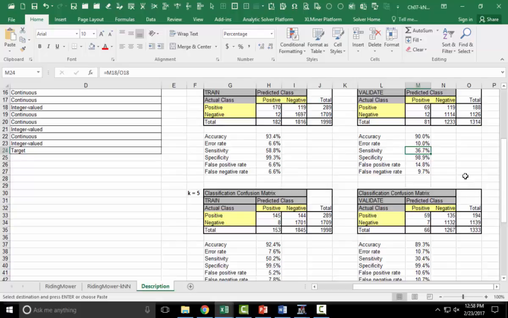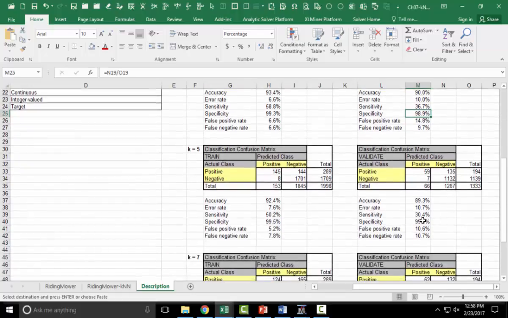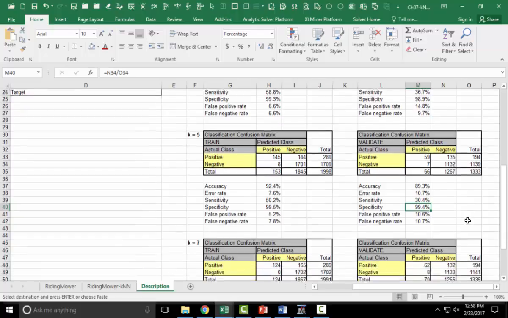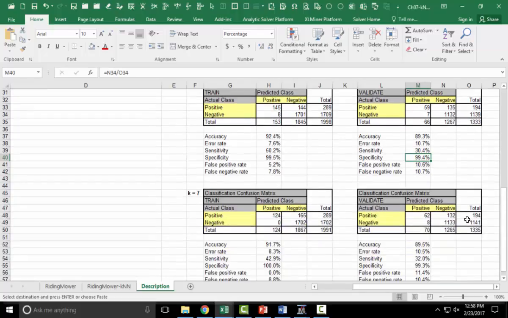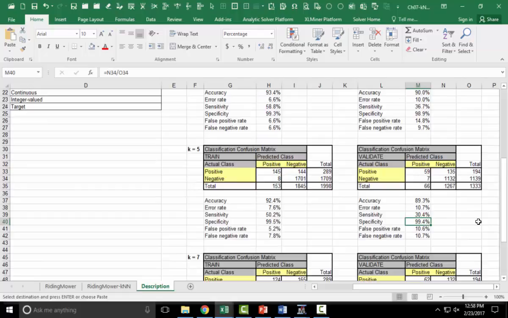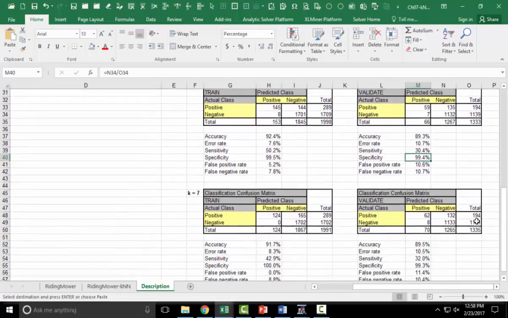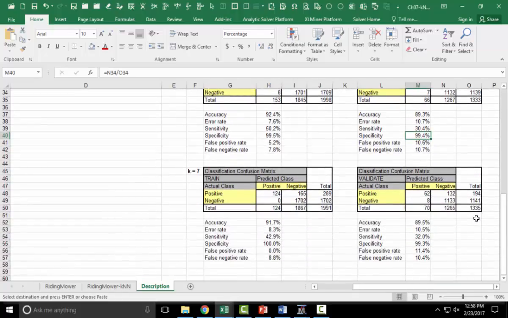And if specificity is what you're after, then k equal to 5 is better than k equal to 3, and it gives you better results than the other two. So depending upon what is important to you, you need to select a particular performance measure and use that as the selection criterion.